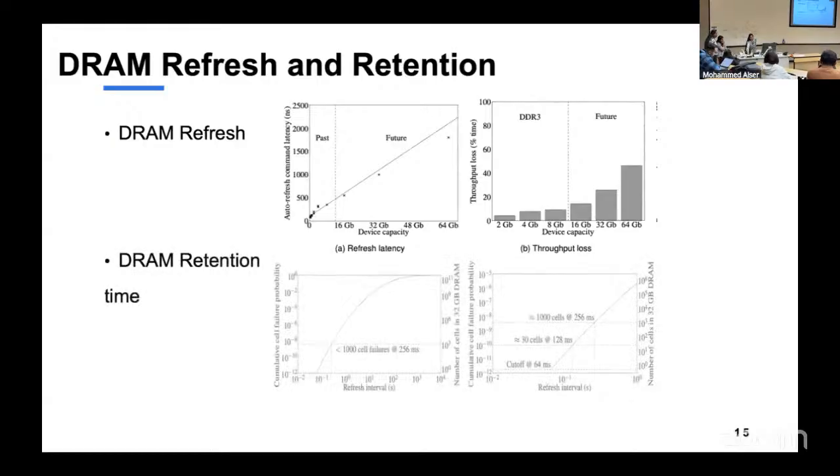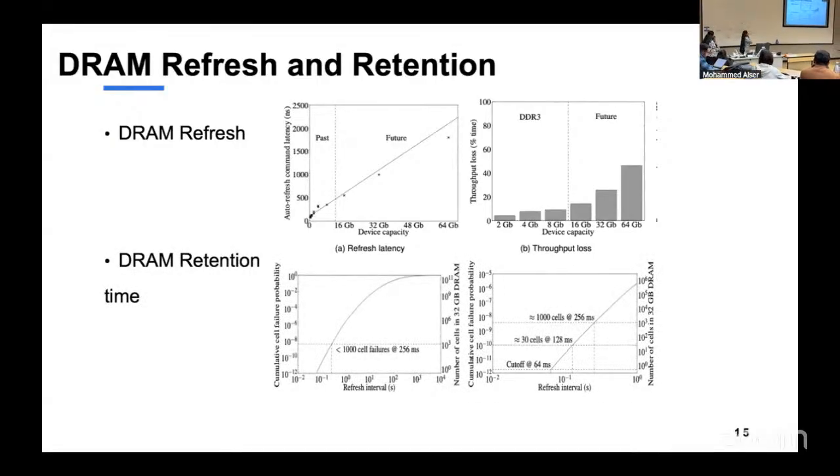And also coming to the DRAM refresh graphs, we can see in the first graph, we have the device capacity on the x-axis and auto refresh command latency on the y-axis. As I mentioned, the auto refresh command latency is nothing but the time an access request waits until the refresh is done.